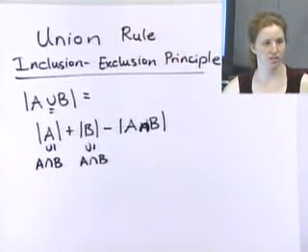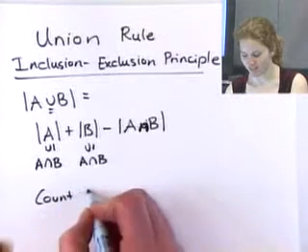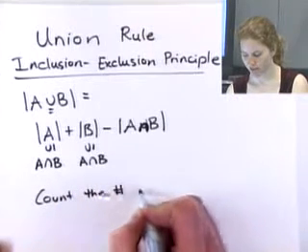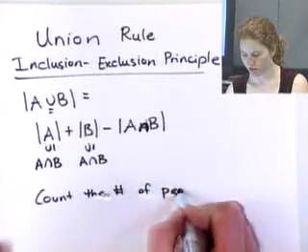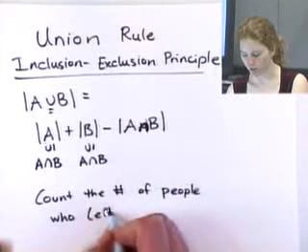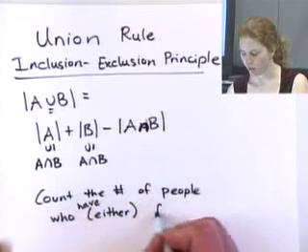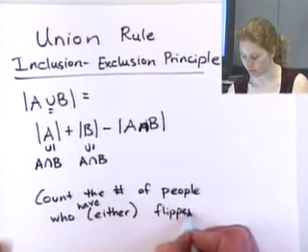And antenna? Or. A union is an or, right? So count the number of people who have either flippers or antenna.